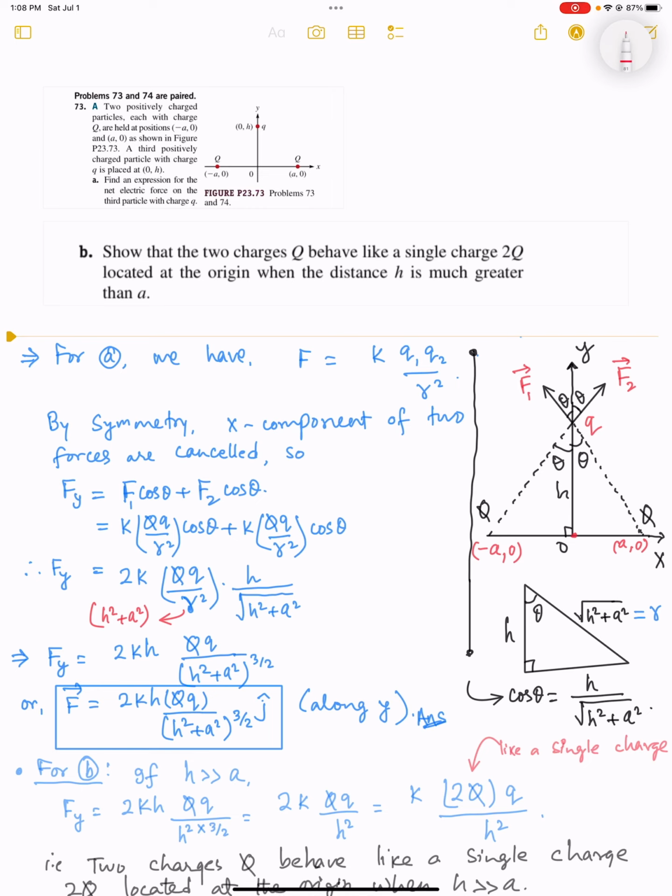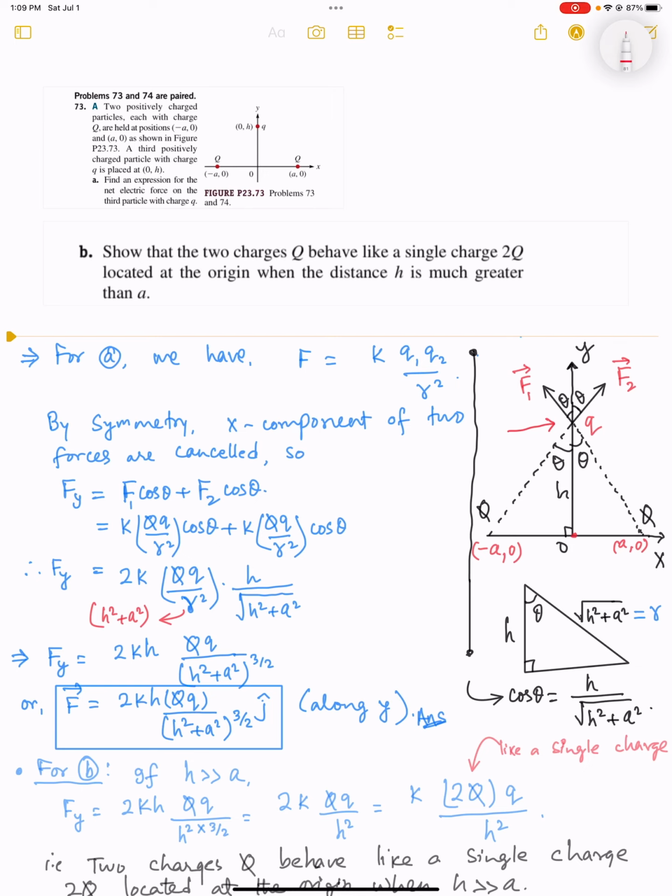We have to calculate the expression for the net electric force on the third particle, which is on the y-axis somewhere here, and it is positively charged, and the distance of this charge from the origin is h, just kind of height.